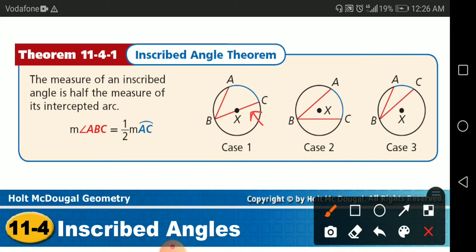In the other case, the sides don't pass through the center of the circle. I have the same angle ABC, half of AC, and the center of the circle is outside the arc. This means that angle ABC is also equal to half of the arc AC.